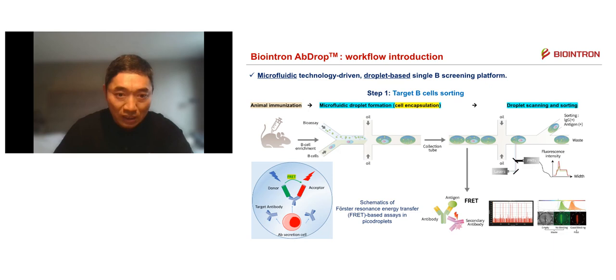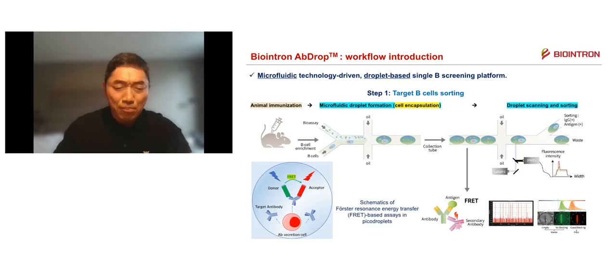After this microfluidic droplet is formed, it will be transferred to be cultured for a few hours. Although the antibody may be produced in very low amounts, since the room is very limited, the antibody amount is still high enough for us to detect. Then we do the droplet scanning and sorting by an assay called FRET. I may not go very deep into FRET.